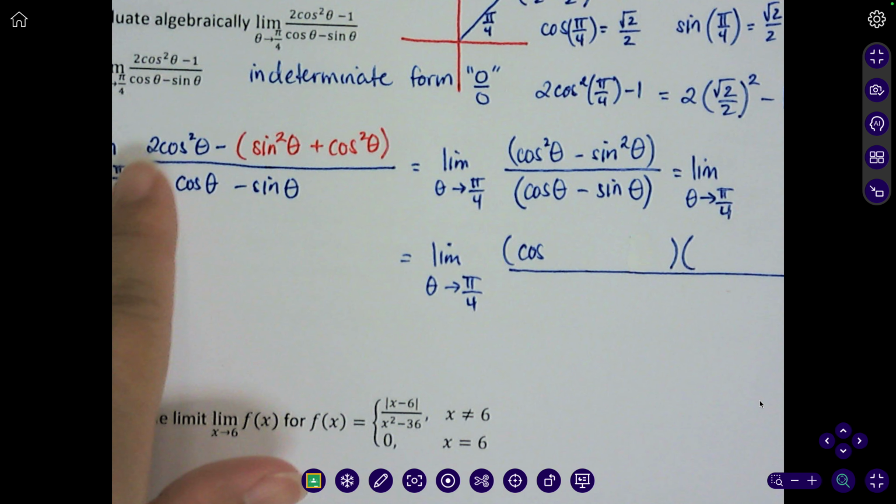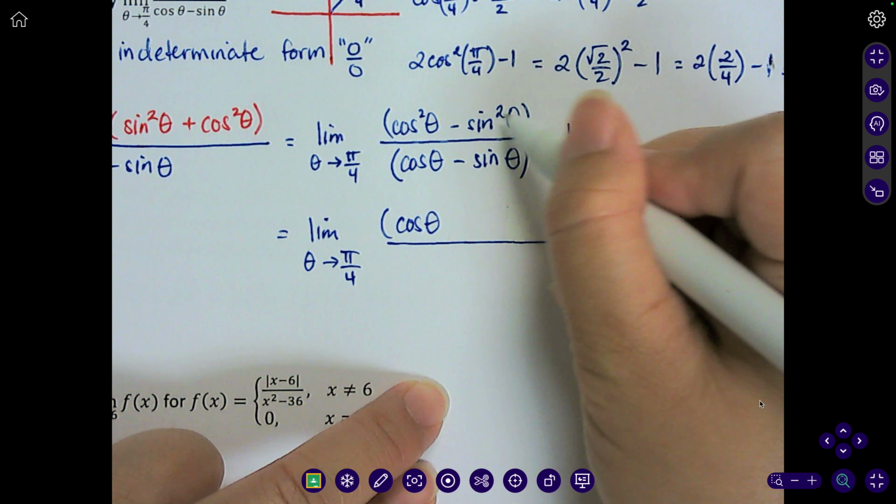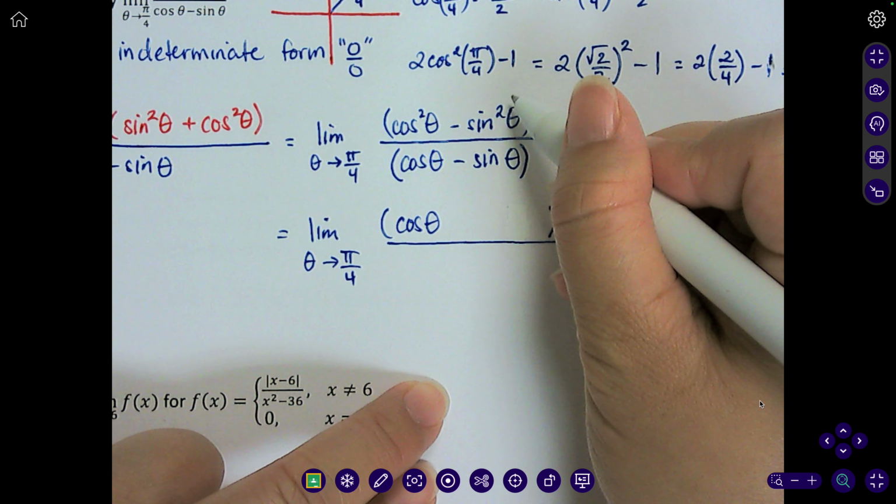Okay? All right, so this is cosine of theta times cosine of theta. So cosine of theta times cosine of theta is cosine square of theta, as you can see there. And then if I have a negative sine square, well, the factor of sine square is sine times sine, right? To get a negative, you need a negative sine of theta times a positive sine of theta, like that.